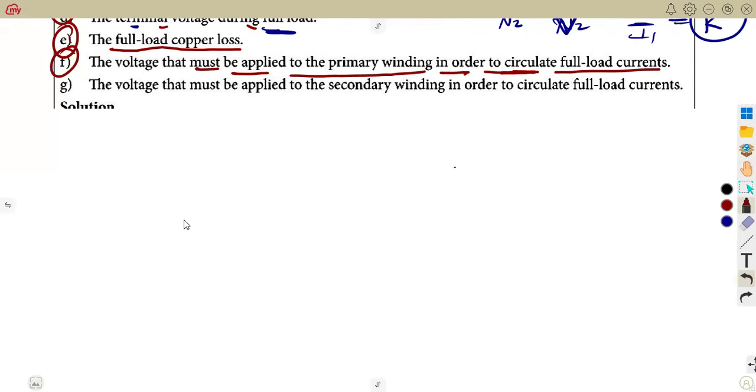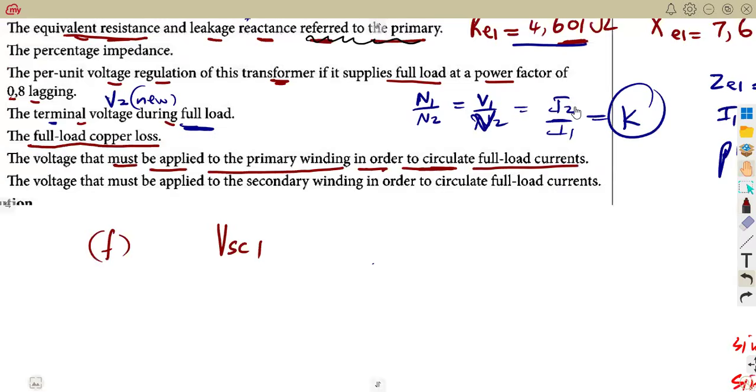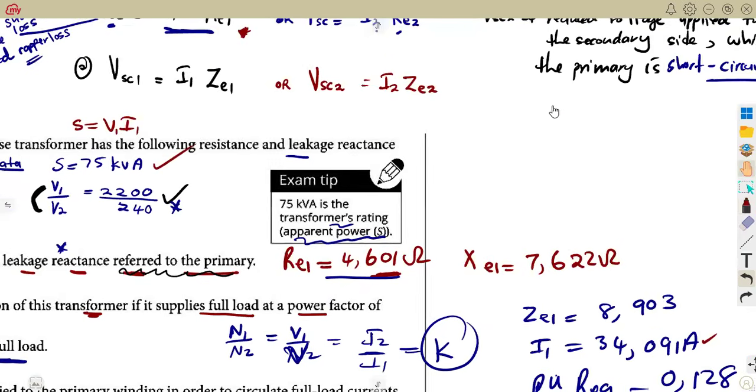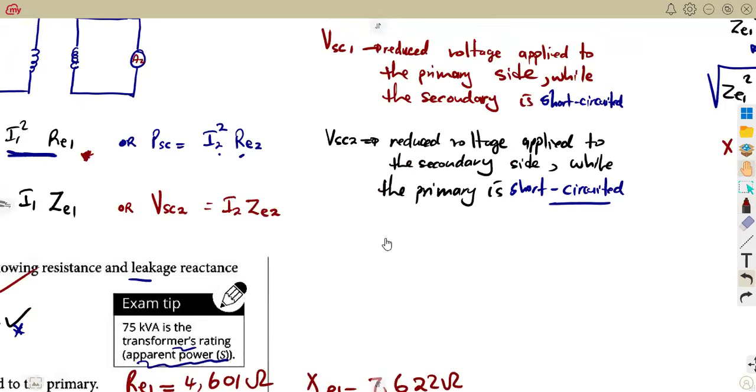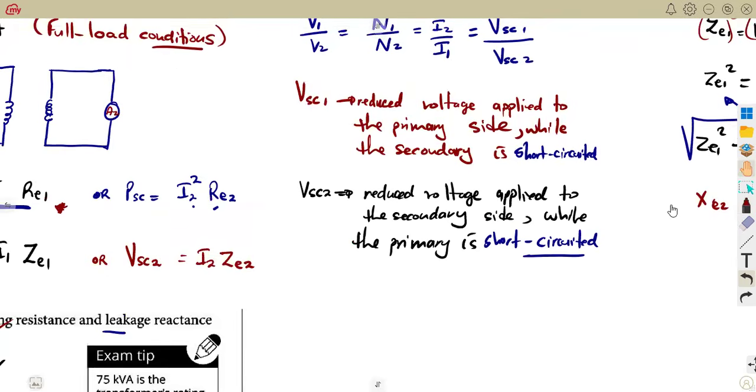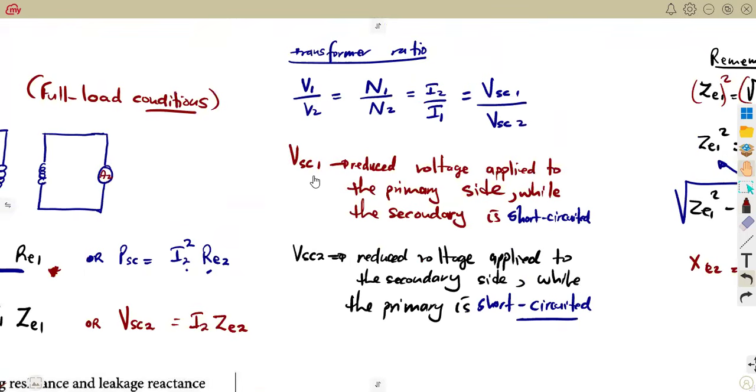What is the voltage there? That is the short circuit voltage, V short circuit one: the reduced voltage applied to the primary side, while the secondary is short circuited.